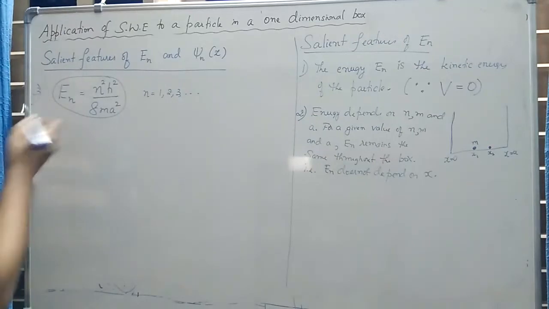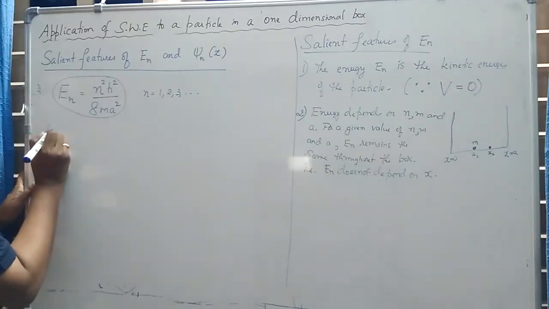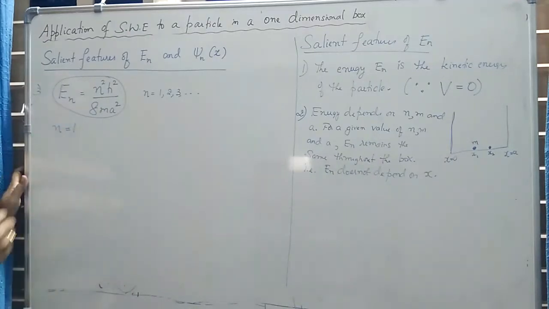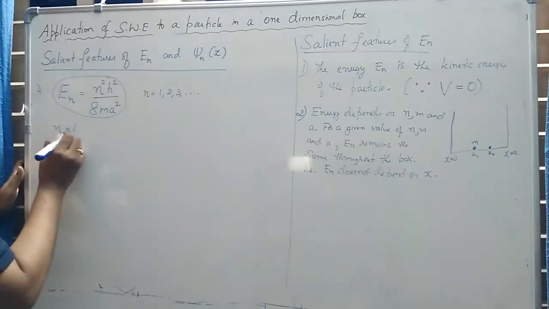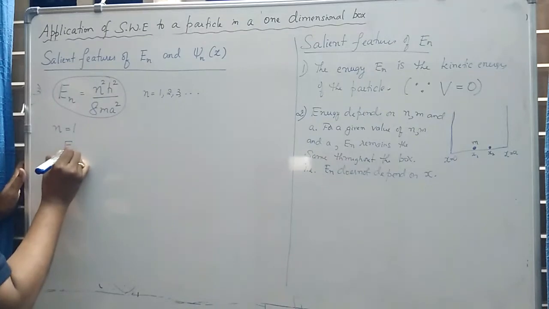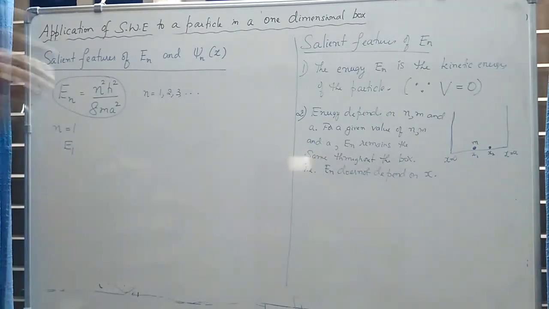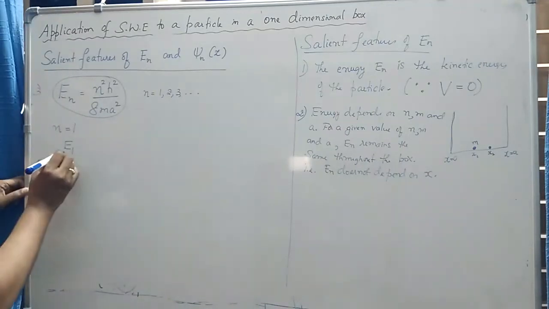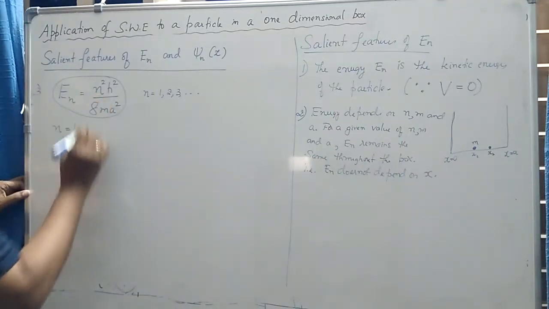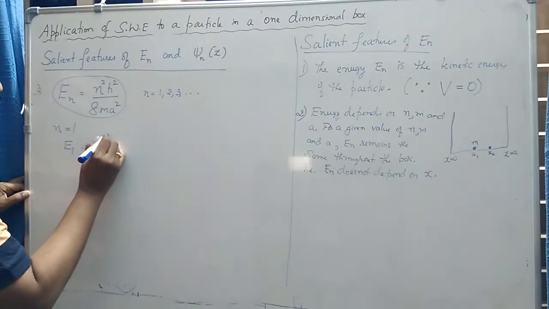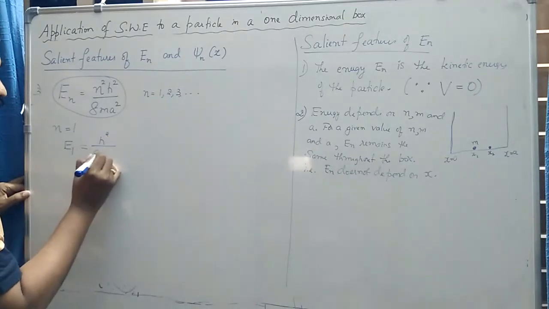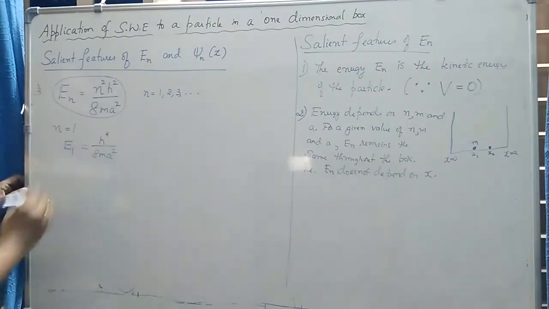What is the meaning of this? Let us calculate. What is the lowest value of n? The lowest value of n is equal to 1, and corresponding to n equal to 1, we have energy E1, which is the lowest energy of the particle in the one-dimensional box. So the lowest energy E1 is obtained by substituting n equal to 1, so it becomes h square divided by 8 m a square.